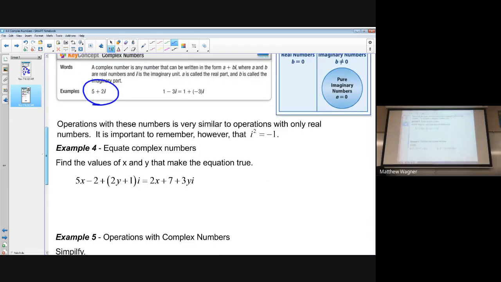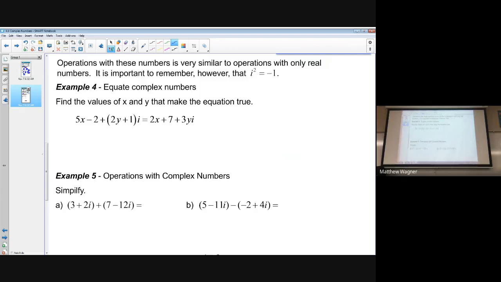All right. Looking at this first example, we want to make these two the same. If you notice, this is your real component and this is your imaginary component. So we have one complex number on the left. We want it to equal the complex number on the right.